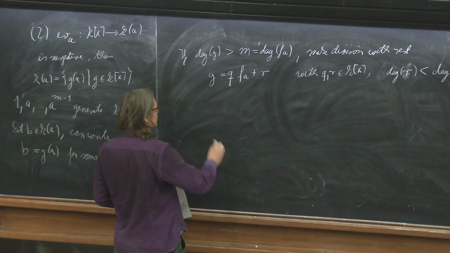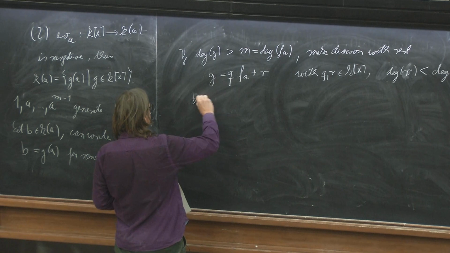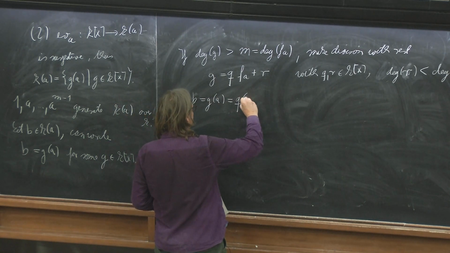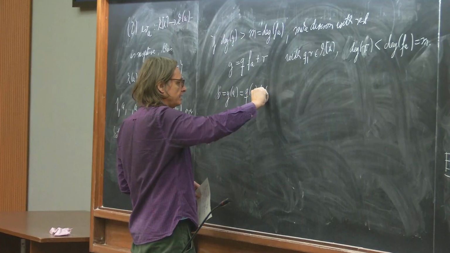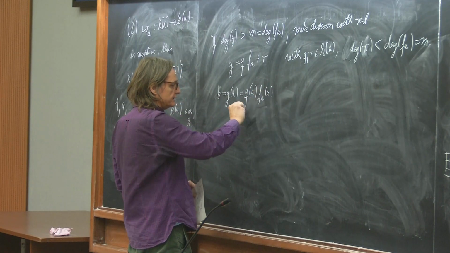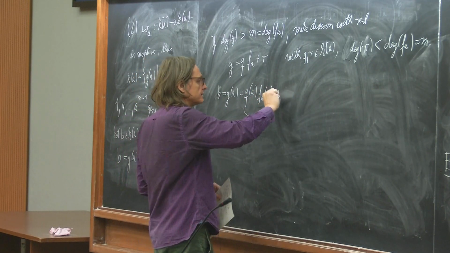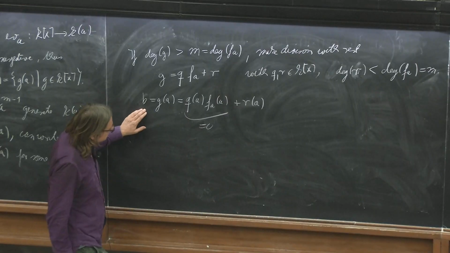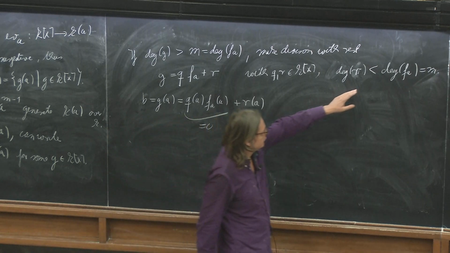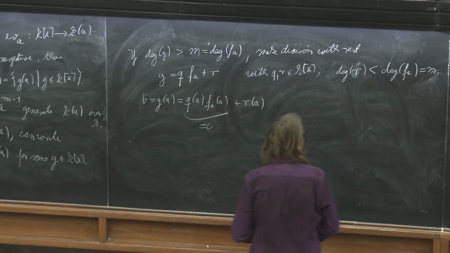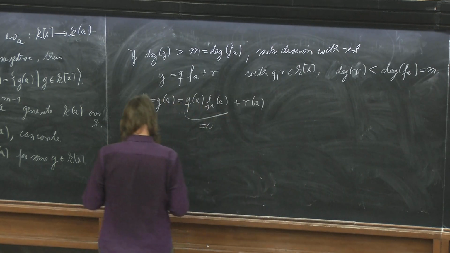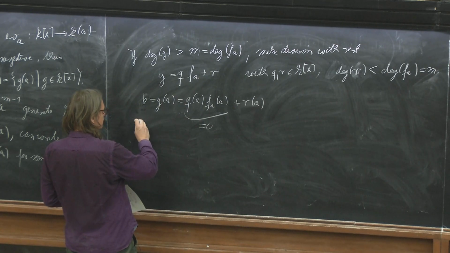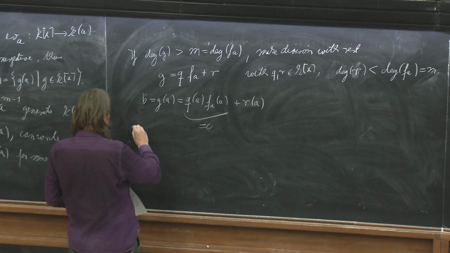And then obviously, B was g(A), which is q(A) times f_A(A). But this one is 0, so this is 0, plus r(A). So we can write B as r(A), as a polynomial of degree smaller than m. So thus we get B is equal to r(A).